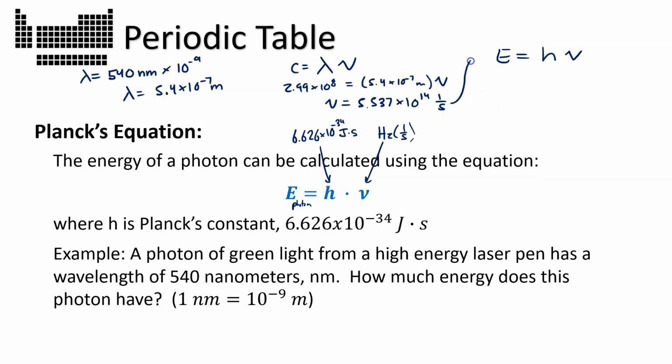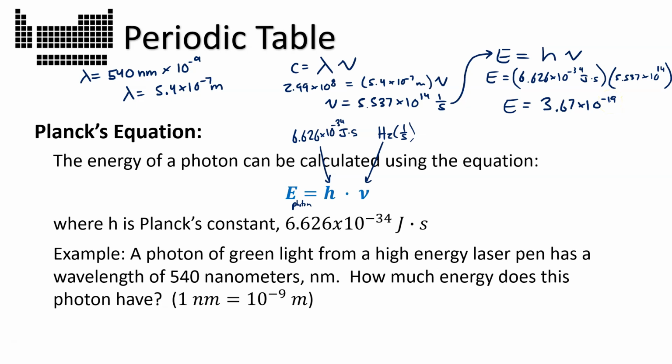Now that I know the frequency, I can come back and plug it in over here to finally solve for the energy of one photon of this green light. Remember, h is a constant, Planck's constant, 6.626 times 10 to the negative 34 joules times seconds. My frequency now I know, so I can plug that in. And at this point, it's just a simple multiplication of those two numbers to get the energy value.